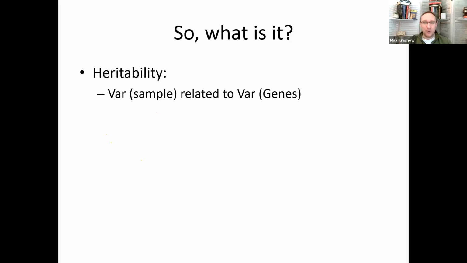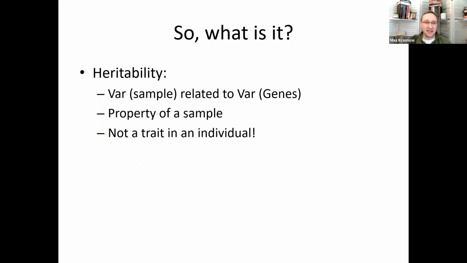This is strictly a property of a sample. And I emphasize that to contrast it with the final false inference that people often make. Heritability is not about a trait in an individual. You can't take a person and say that 50% of their intelligence is due to their genes and 50% due to their environments. That isn't what heritability says at all.